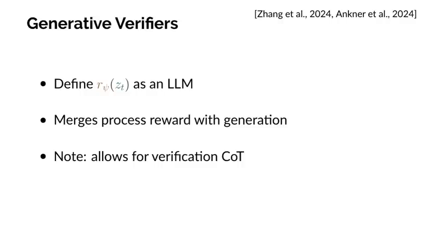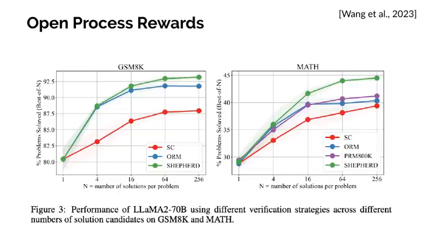What's important about this step is this is an idea that merges the generator and the verifier. You can have a single model that is both trying to do reasoning and also trying to verify this reasoning. This is an idea that has begun to be explored recently in the literature, where several approaches build these generative verifiers. On medium-scale problems, we can see that this learned process reward style seems to work.